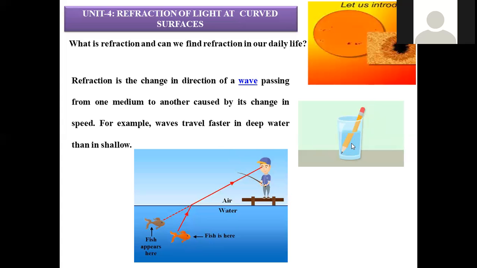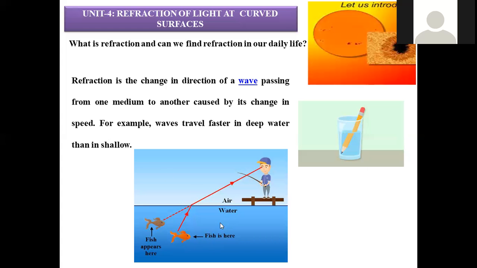No, it is not possible. It is a straight object only. But when it is half dipped into the water, you can observe it as curved, with some bend. So refraction is the phenomenon of light when it moves from one medium to another, let us say a lighter medium to a denser medium; its speed as well as its direction will change, right?